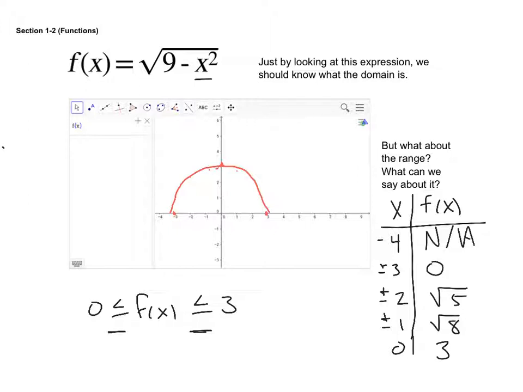Well, it's because can f of x actually equal 0? Well, yes, it can. We know this because right here it actually equaled 0. And can it equal 3? Well, yes, it can. We actually know it can equal 3, as it does right there. So these are going to be less than or equal signs. And that is the range of my function.